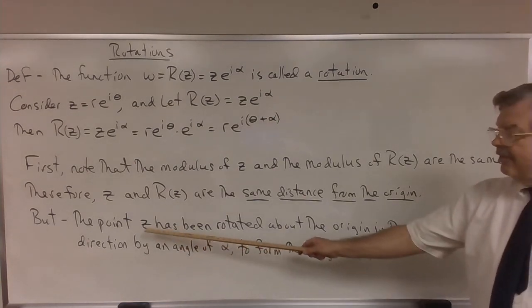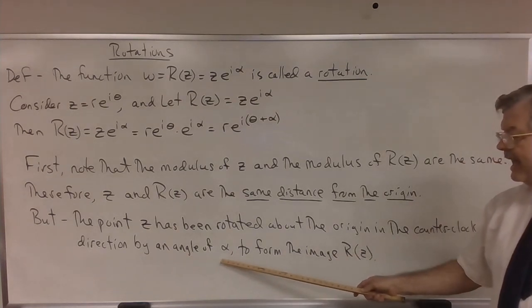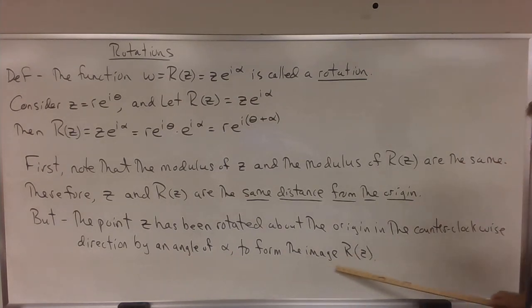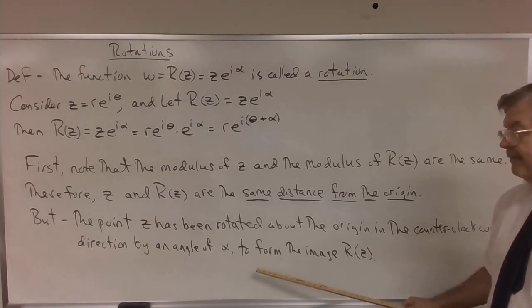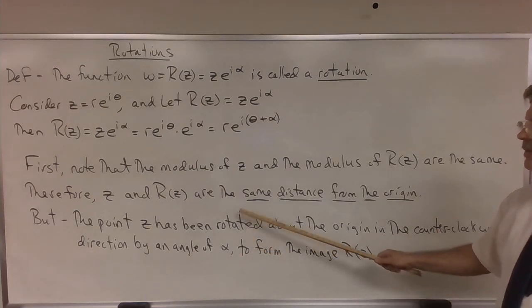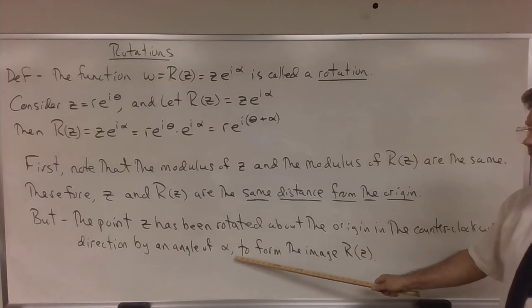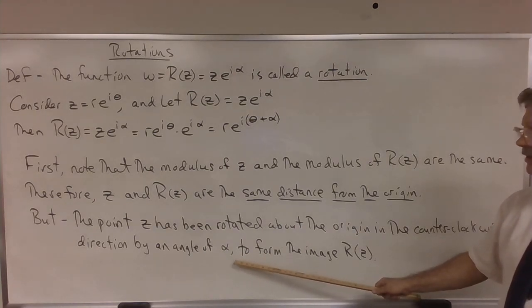But the point z has been rotated about the origin in the counterclockwise direction by an angle of alpha to form the image r of z. Now, I'm going to leave this last statement up. I'm going to erase the rest of the board and draw a picture that illustrates this last point.